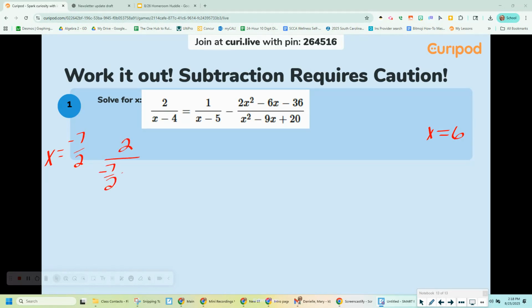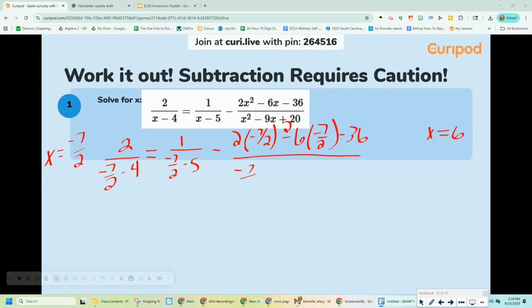Negative 7 over 2 minus 4 equals 1 over negative 7 over 2 minus 5 minus 2 times negative 7 over 2 squared minus 6 times negative 7 over 2 minus 36, all over negative 7 over 2 squared minus 9 times negative 7 over 2 plus 20.